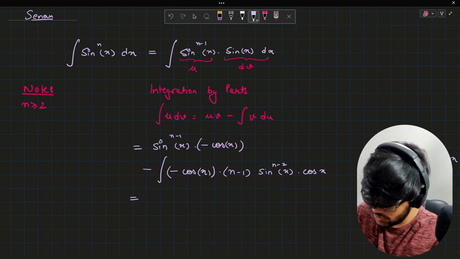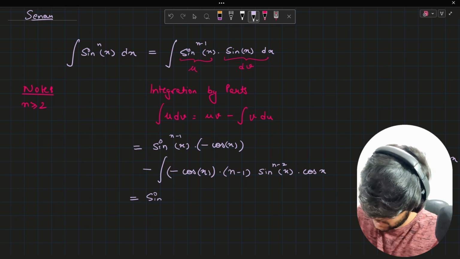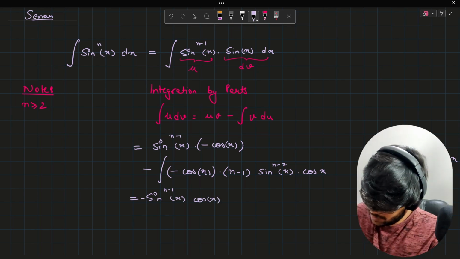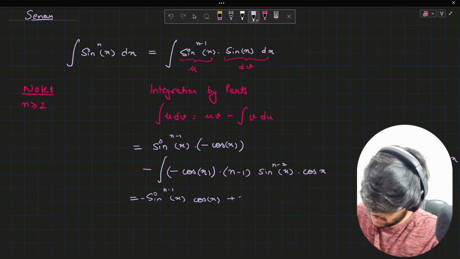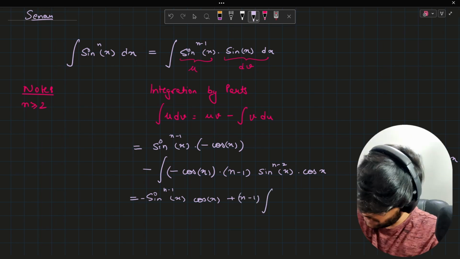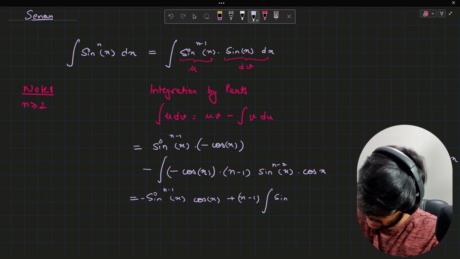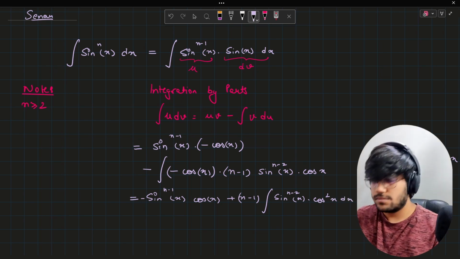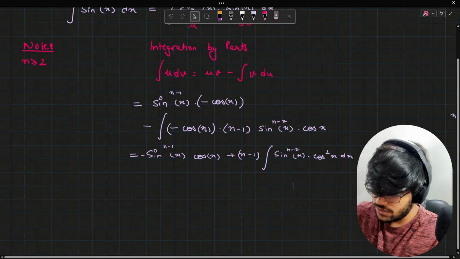So this equals minus sine^(n-1) x cos x plus (n-1) integral of sine^(n-2) x cos^2 x dx. I think this is fine.